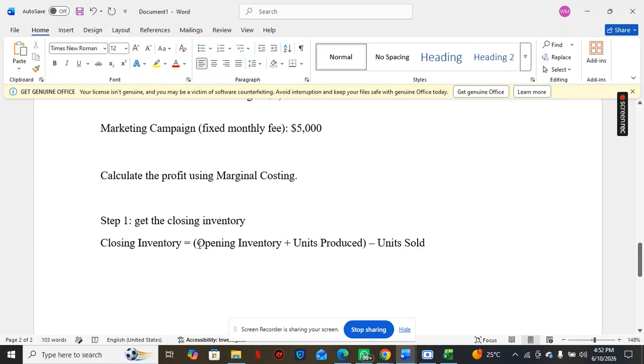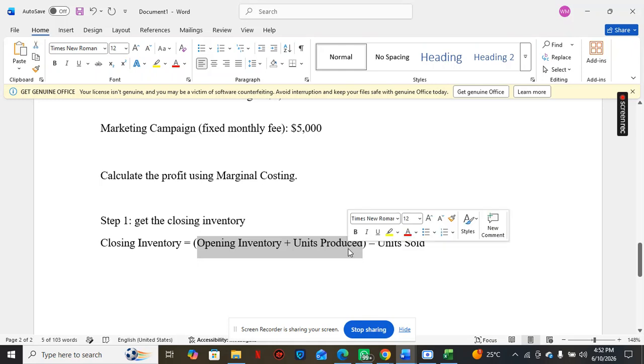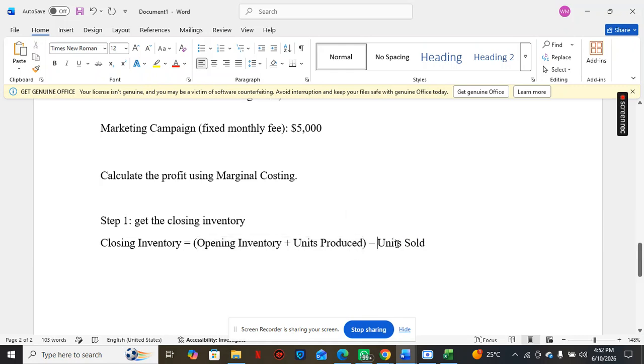The inventory you start with at the beginning of the month, plus the units you produced that month, will give you the total inventory you've had. Then you subtract the units sold so that you see what we've remained with in the factory.